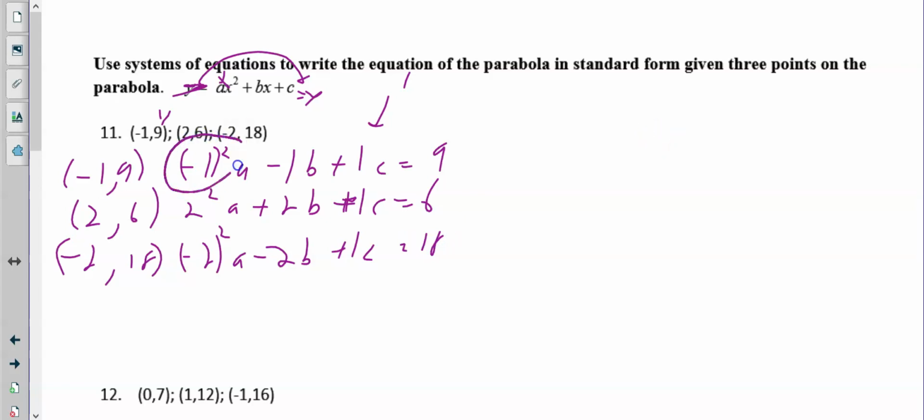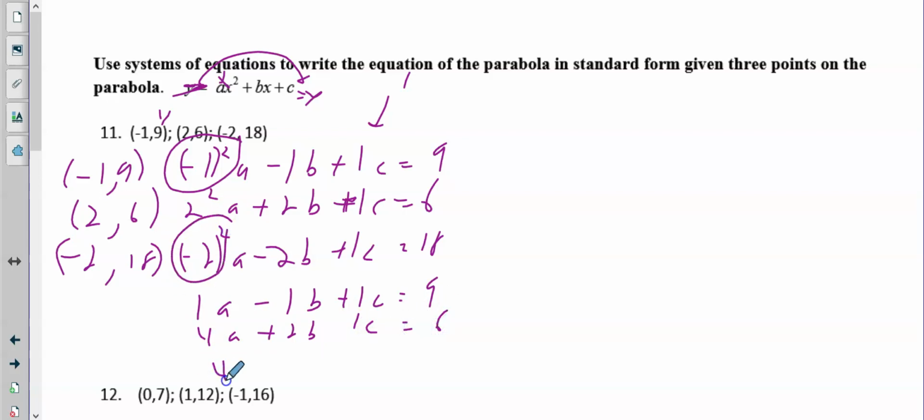Please, for the umpteenth time, remember, this is going to be positive 1a minus 1b plus 1c equals 9. 4a, 2b, 1c, 6. And again, positive 4a, but minus 2b plus 1c equals 18.